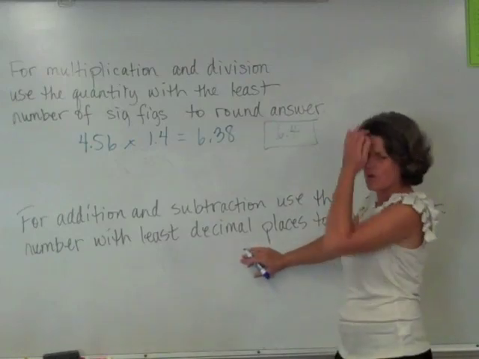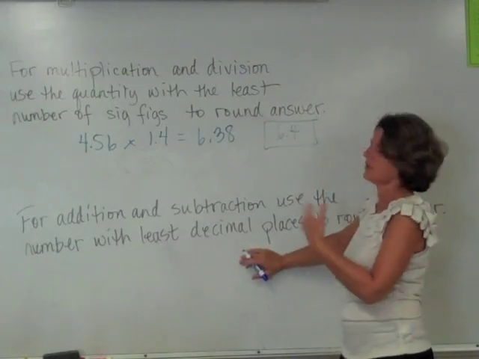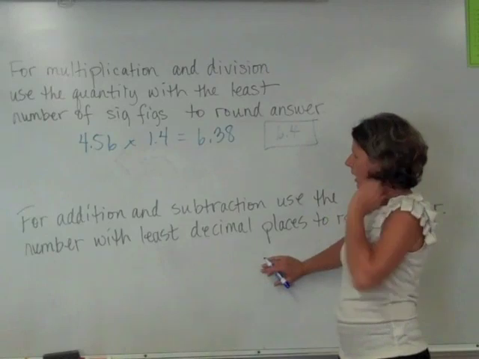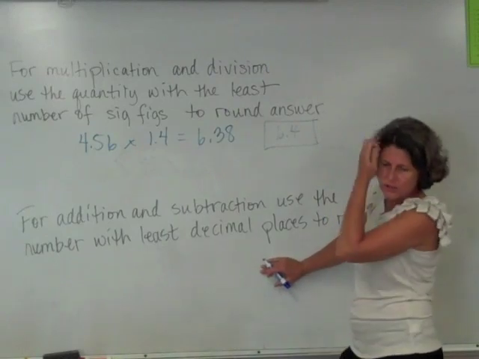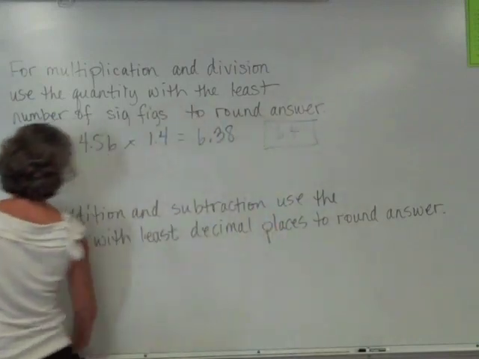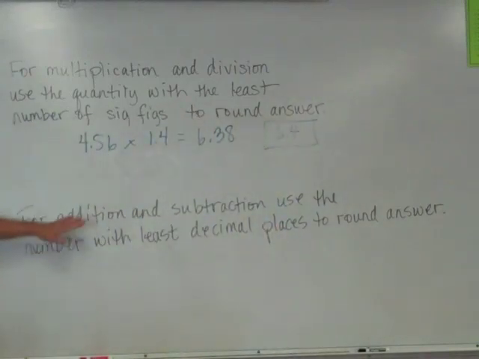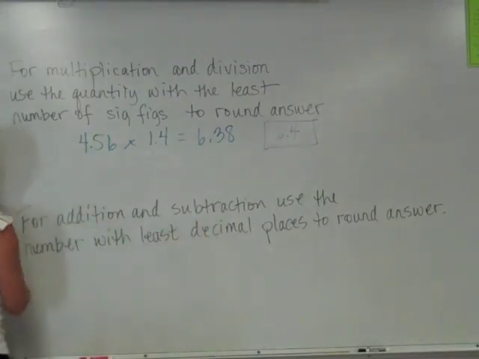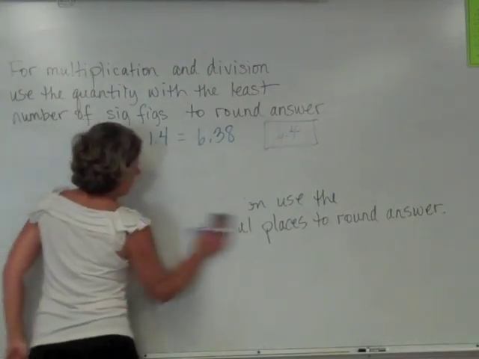This one we won't use very much, but still, I'm going to show it to you. Addition and subtraction. Remember, we're going to use the number that has the least decimal places.